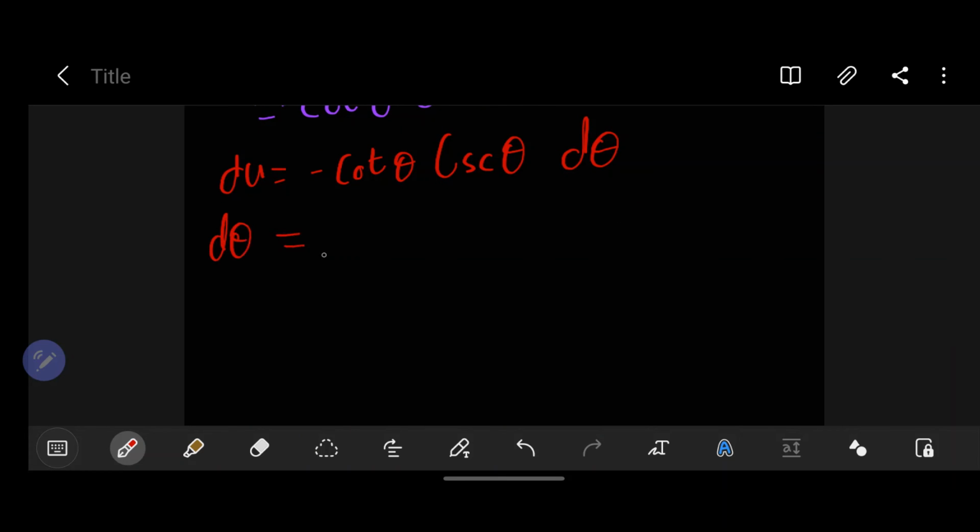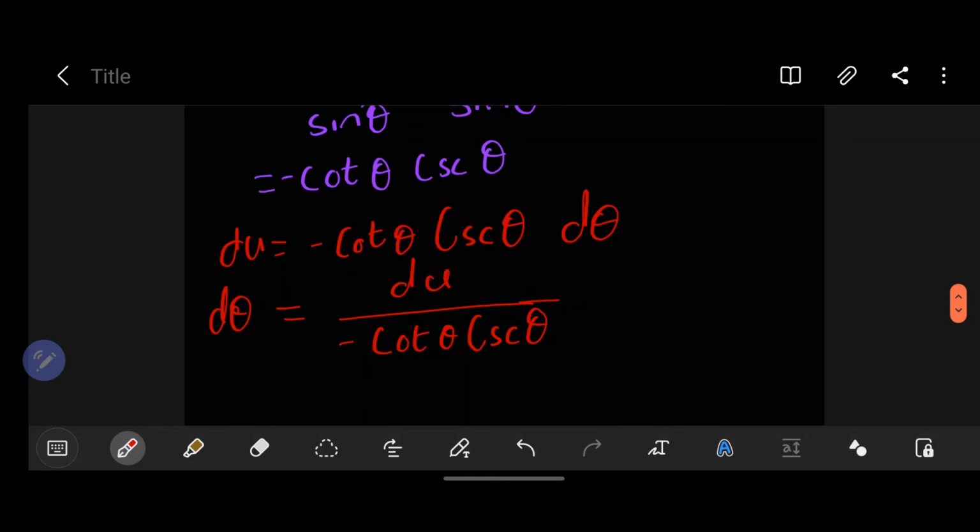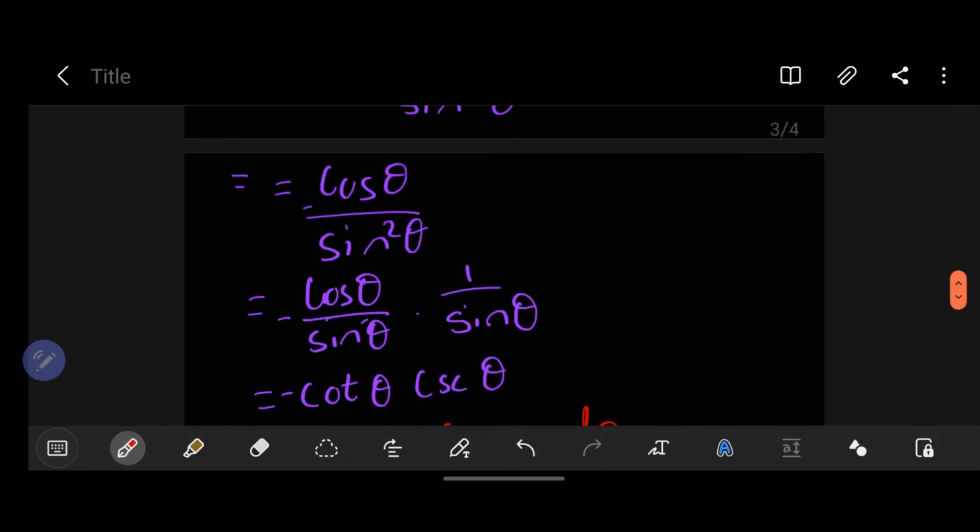So therefore I have d theta equals du over negative cot theta cosec theta. So now I can substitute this in place of d theta.